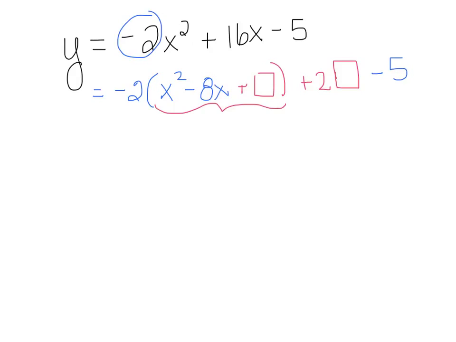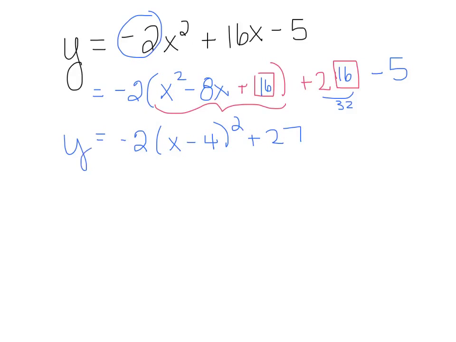So minus 2 stays out front. Factoring here, I get (x minus 4) squared. So that meant 4 squared is 16 needs to go here and here in the boxes. So that gives me plus 32, minus 5, so it's plus 27.